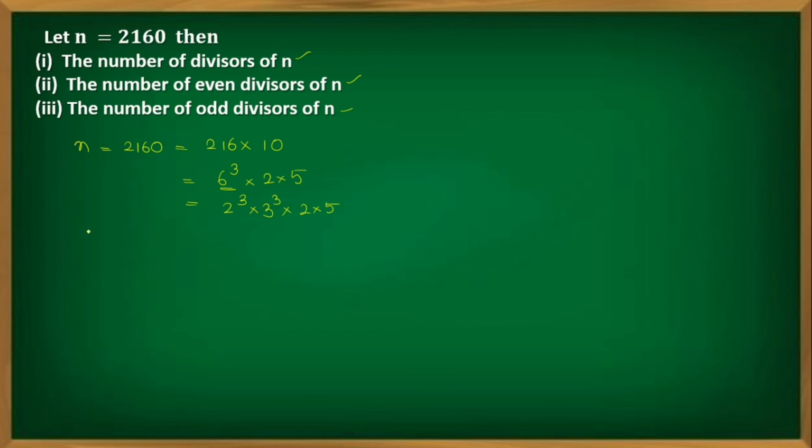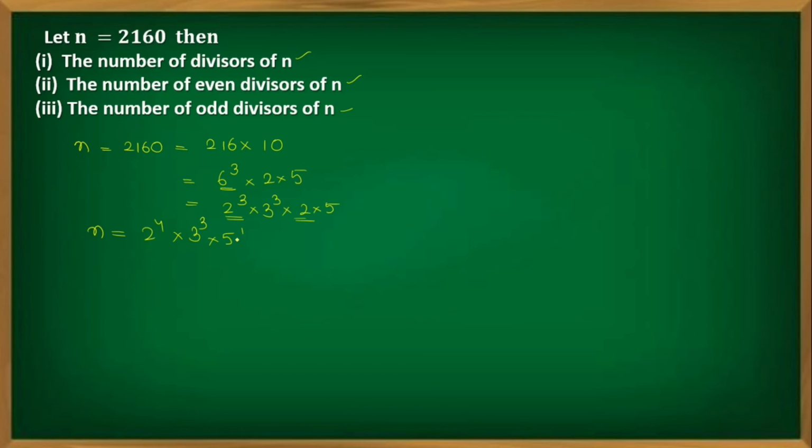So the final canonical form of n is 2 to the power of 4 into 3 to the power of 3 into 5 to the power of 1. Okay, so this is the canonical form. We should see only primes in the product, that is called canonical form.